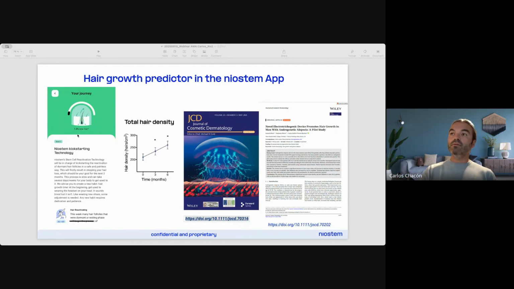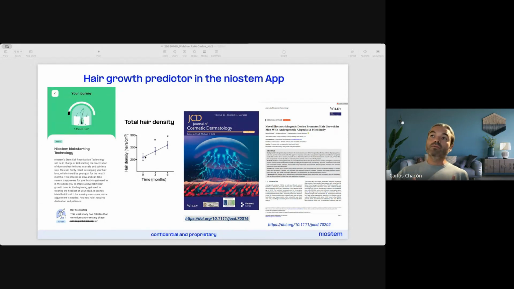So when it tells you here 1.5 new hair, that means that based on our data, we extrapolate: if on average our 21 participants had, after 30 days, assuming you do one session every day, 1.5% more hair based on this graph, then we're telling people this is the predicted hair increase. Does it reflect exactly what happens with you? Probably not, but it's an average, and it's an educated guess that we're making.